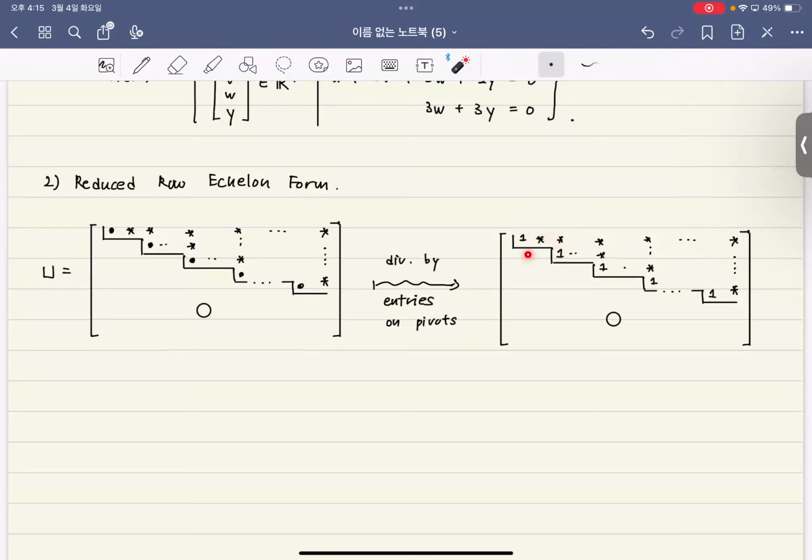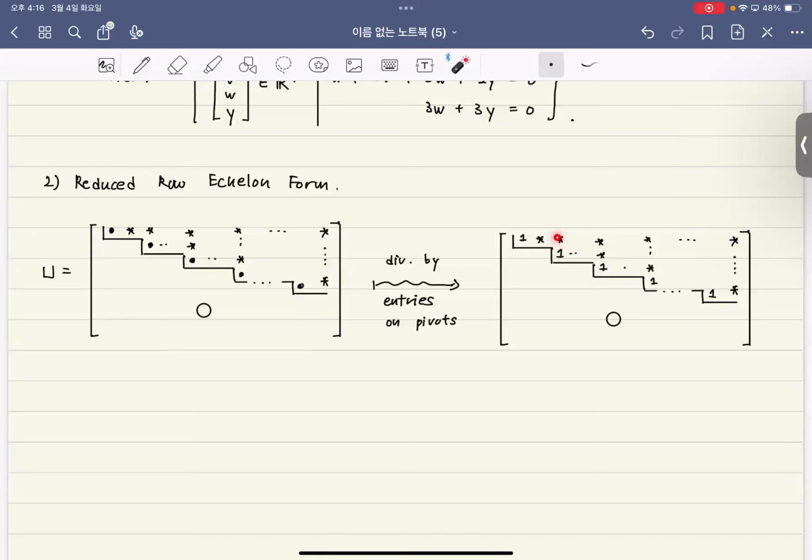I want to emphasize that these pivot entries are now going to be all ones, right? Okay. All right. Good. Now what? Now can you see these entries above the pivot? In this case, this is an entry above the pivot, and these two entries are also above the pivot. These are all entries above the pivot, and what I'm going to do next is eliminate all these entries above the pivot.